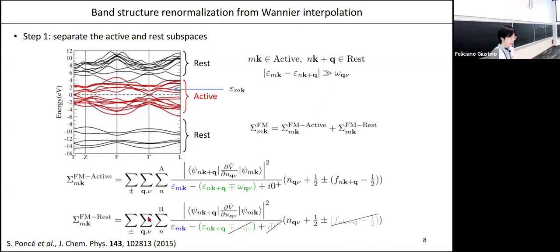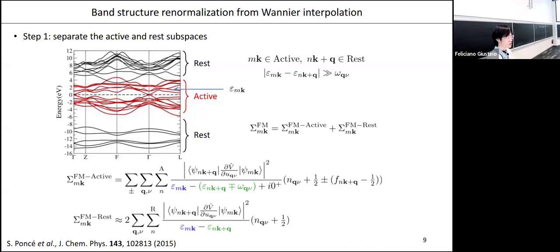This means that in this expression for the Fan-Migdal self-energy, one can approximate this expression by neglecting the phonon energy in the denominator, because the difference between the active space and rest space is already very large. One can also drop this small infinitesimal imaginary part, and also the occupation number factors cancel each other when you add phonon emission and absorption.